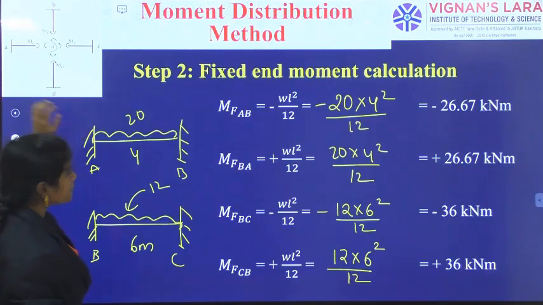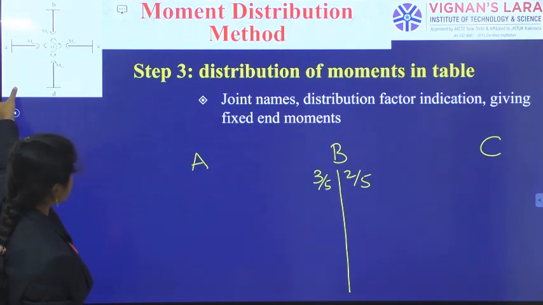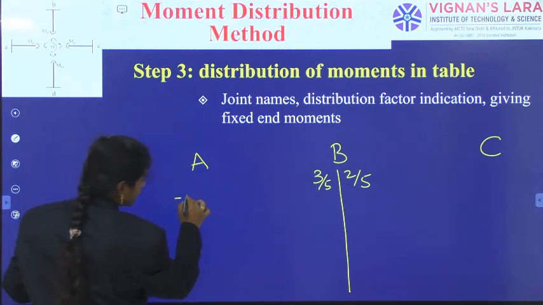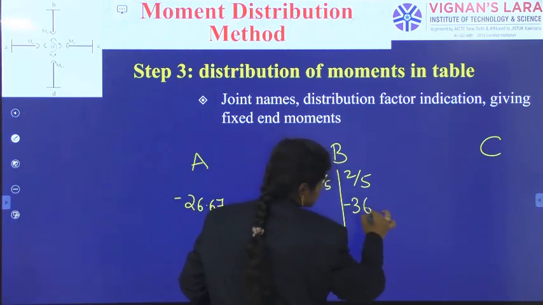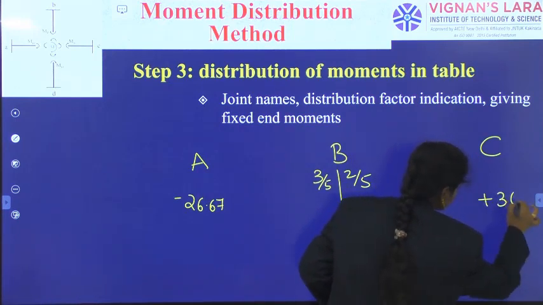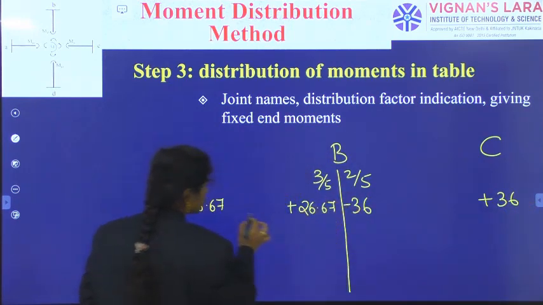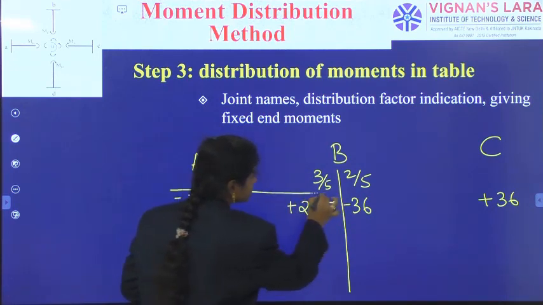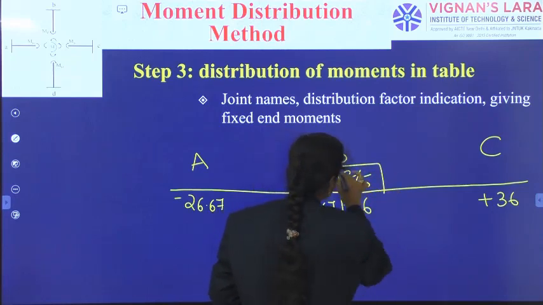And then the fixed end moment answers: minus 26.67, plus 26.67 and minus 36, plus 36. Only we are developing the moment distribution table with our structure.